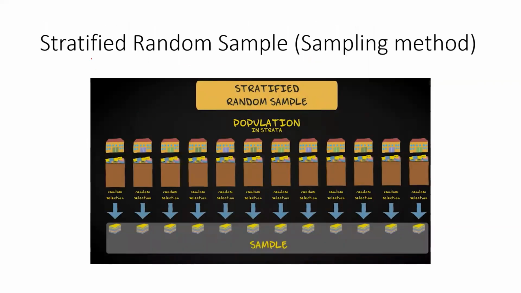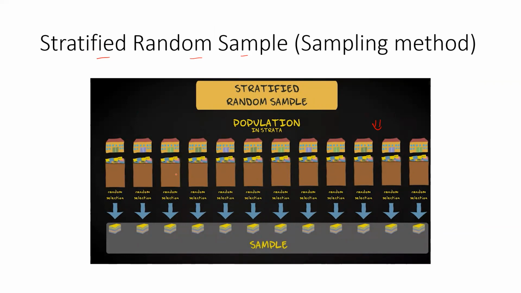Then we have stratified random sample. In stratified random sample, we have clusters too, but instead of picking one cluster, it looks for data within the clusters.